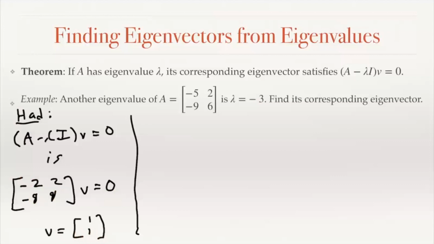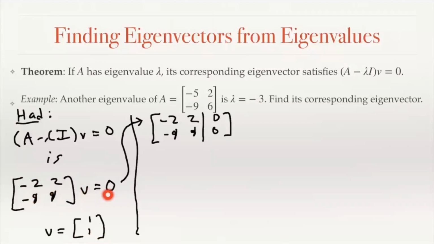However, if we couldn't eyeball it, then we can solve by hand, because this is the same as solving the augmented matrix, -2, 2, -9, 9 equals 0, 0. Remember, reading off the equations, this is the same as a system of linear equations, which is the same as that augmented matrix. And then one could proceed to do elimination.